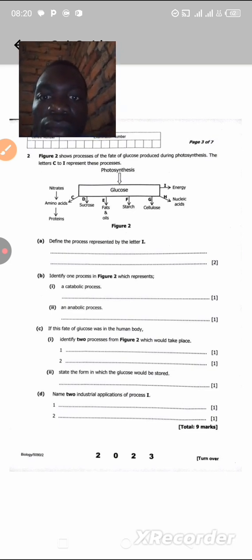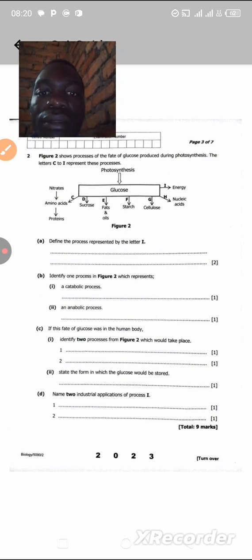Then question B: identify a process in Figure 2 which represents a catabolic process. A catabolic process is the breaking down of larger molecules into smaller molecules.